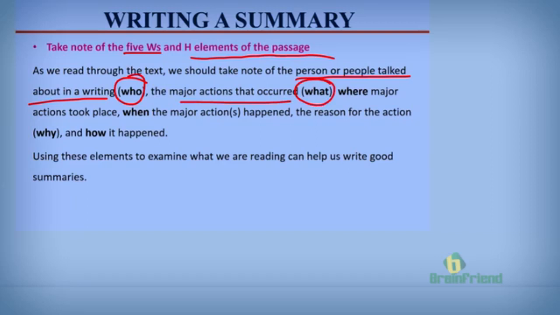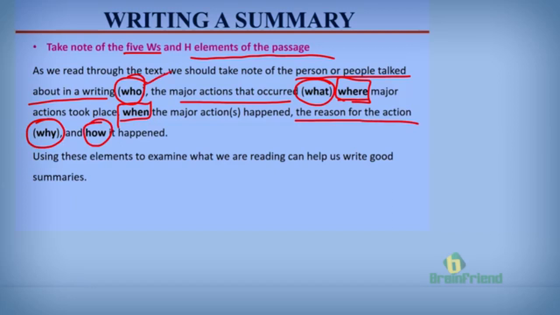We also should take note of where the major actions took place, where. And also when the major actions happened. We also should take note of the reason for the action, that is why, and then how it happened.